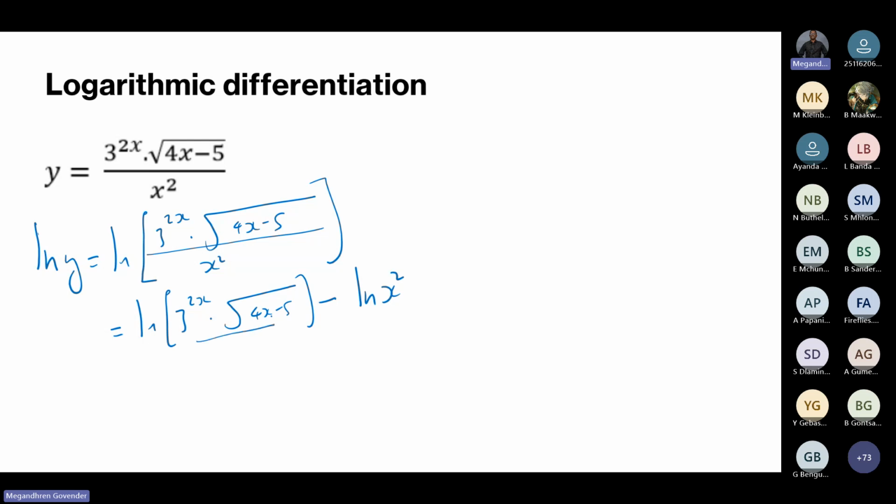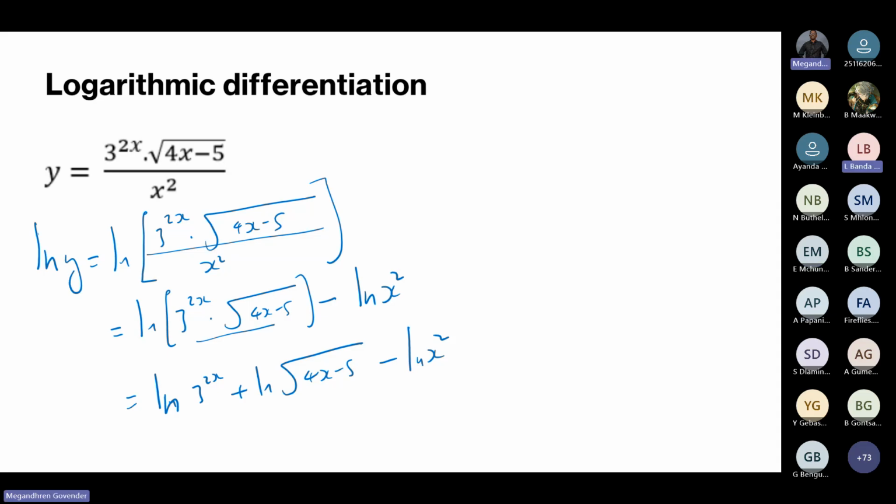Then this is a product. ln of 3 to the power 2x. Did everyone have that at least? Somebody? Anybody? Yes. All right.